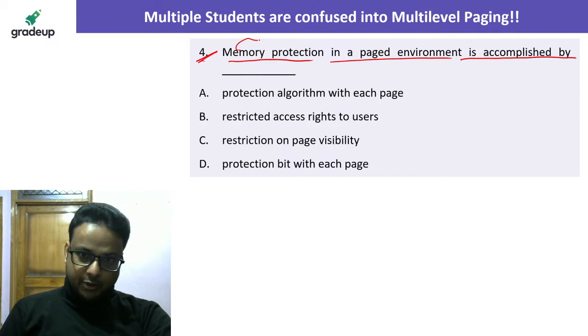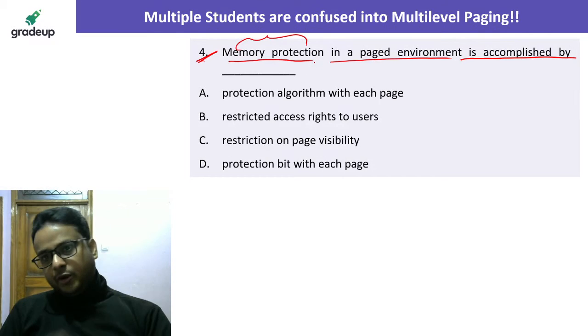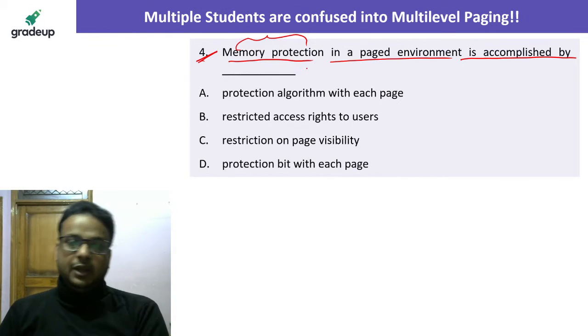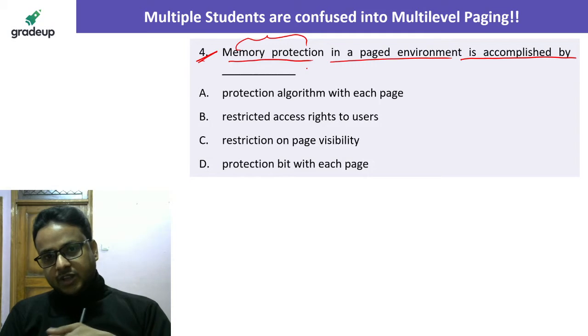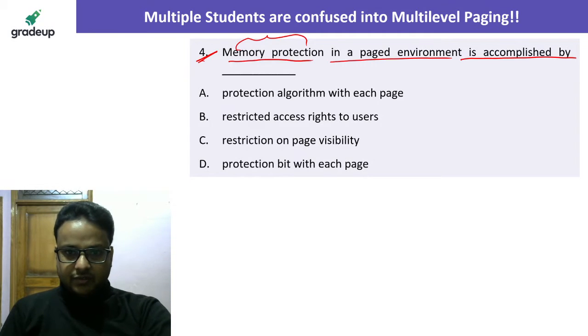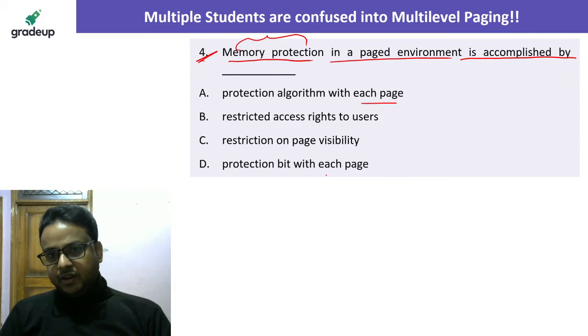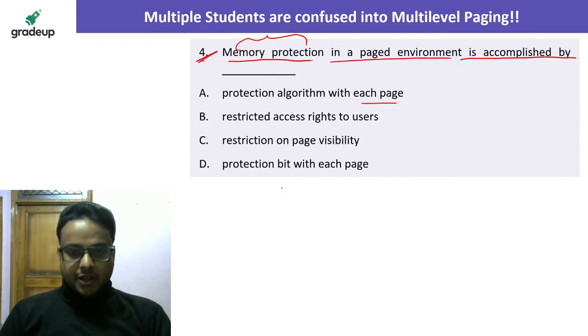We are talking about memory protection in a paged environment, meaning paging. This can be achieved with the help of which one? Option A, protection algorithm with each page; restricted access right to users; restriction on page visibility; protection between each page. The answer of this question will be option D.